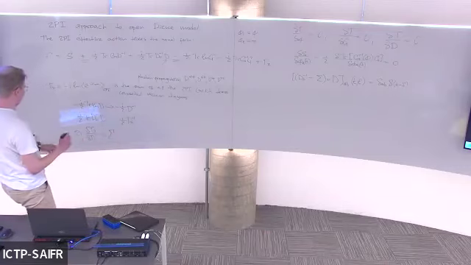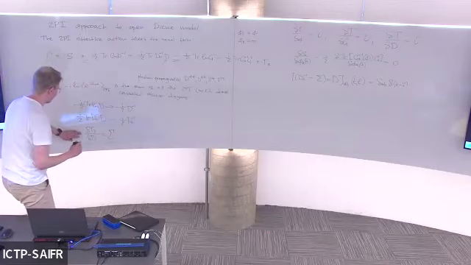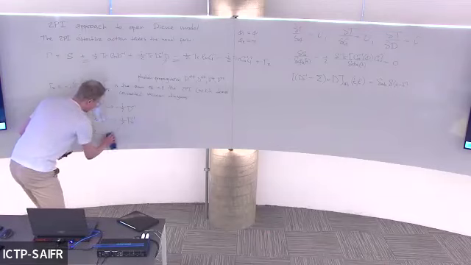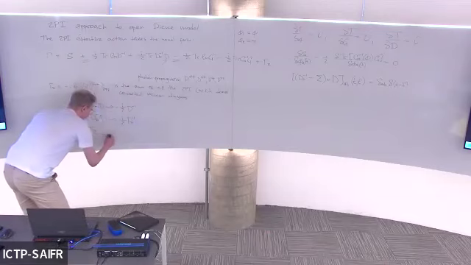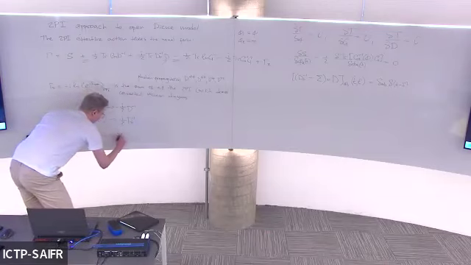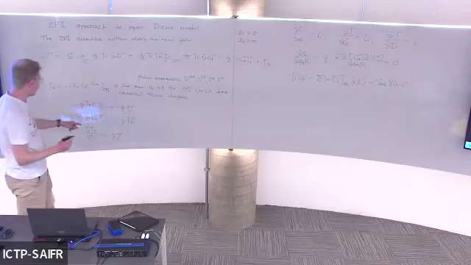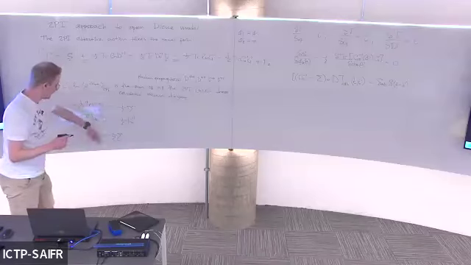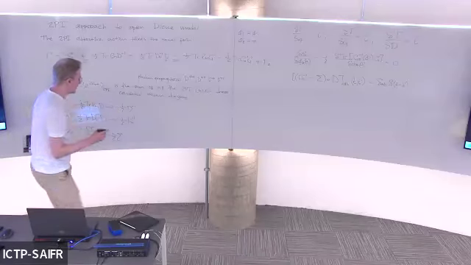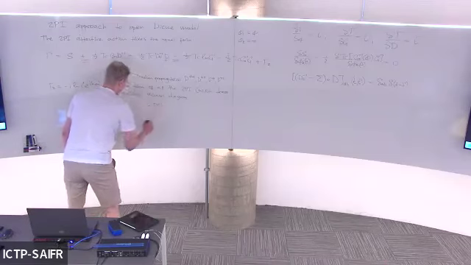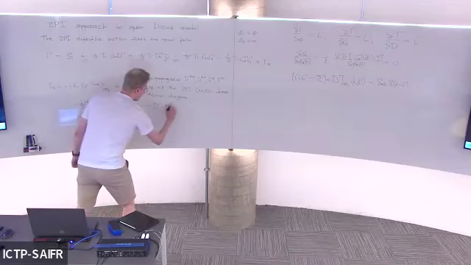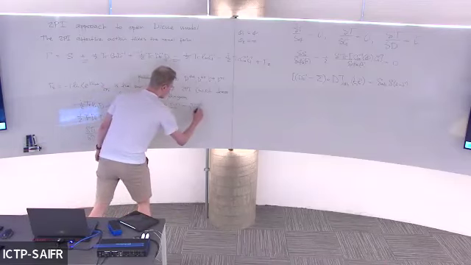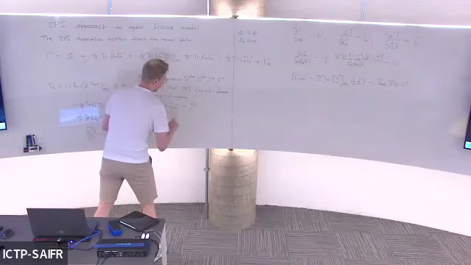This, and then you should get minus I half, if I'm not mistaken. That's what we have, and then you can already cancel all the I halves. What we end up with is this plus this minus this.